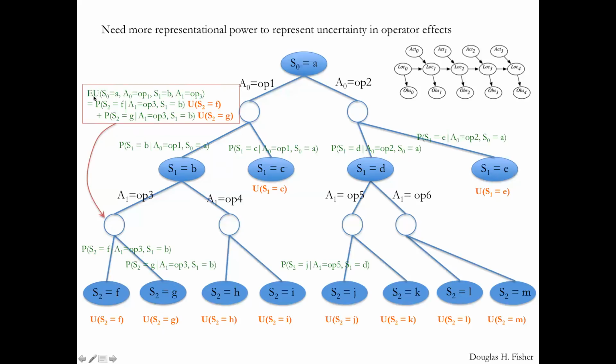And so the expected utility emanating from that node is going to be the probability of this state, given where we are in this tree, times the utility of that state. And we're going to add that to the probability of this state times the utility of this state. It's like a weighted average. And so this is an expected utility that is associated here. If we get here, we can't be sure about what the outcome is, but on average, we can assign a value as to what we expect.